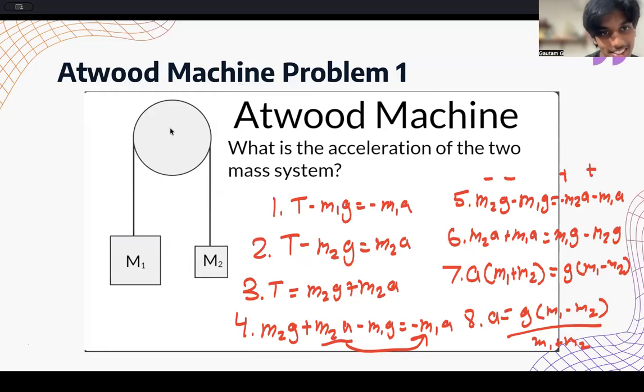Evan solved it like 10 minutes ago, but Gavin, can you explain the first steps?